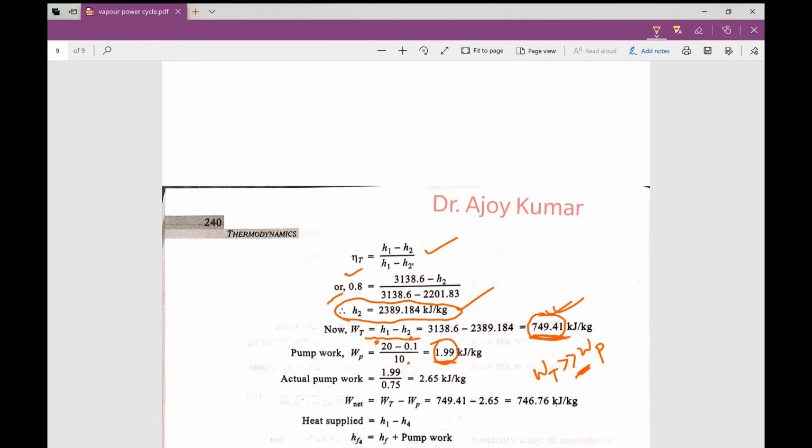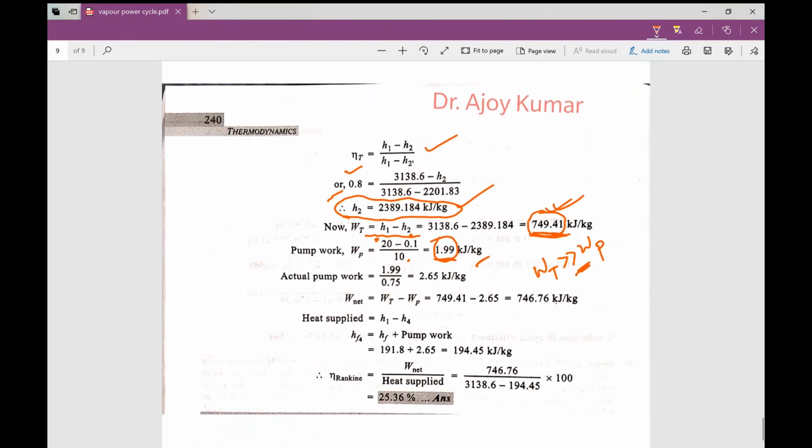Since in this numerical both turbine efficiency and pump efficiency are given, it means that pump work has to be included. So the actual pump work should be more than this, because pump efficiency is given as 0.75.